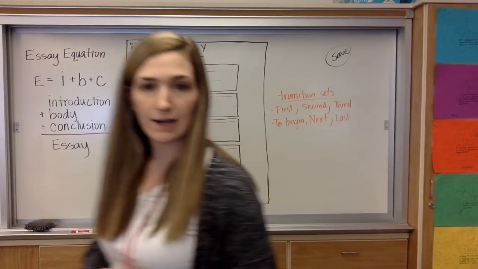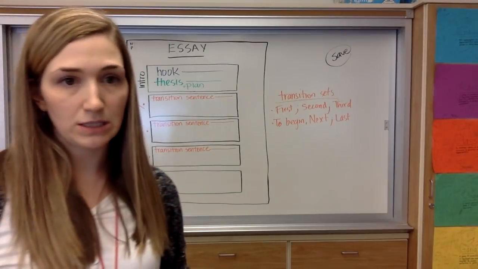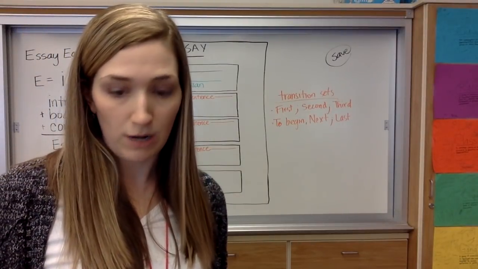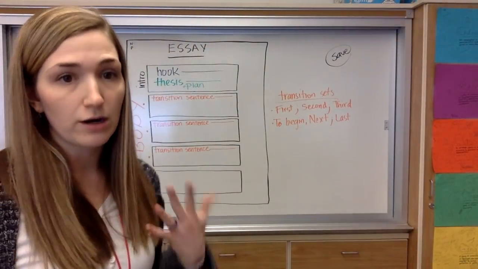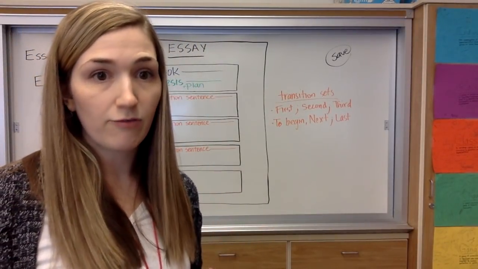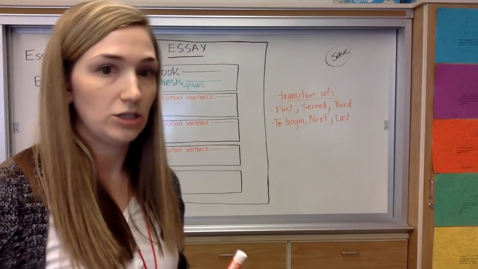I will provide you guys with more transition sets in the transition module when you get there. But these are the words that we use to start our transition sentences off with to help that organization.